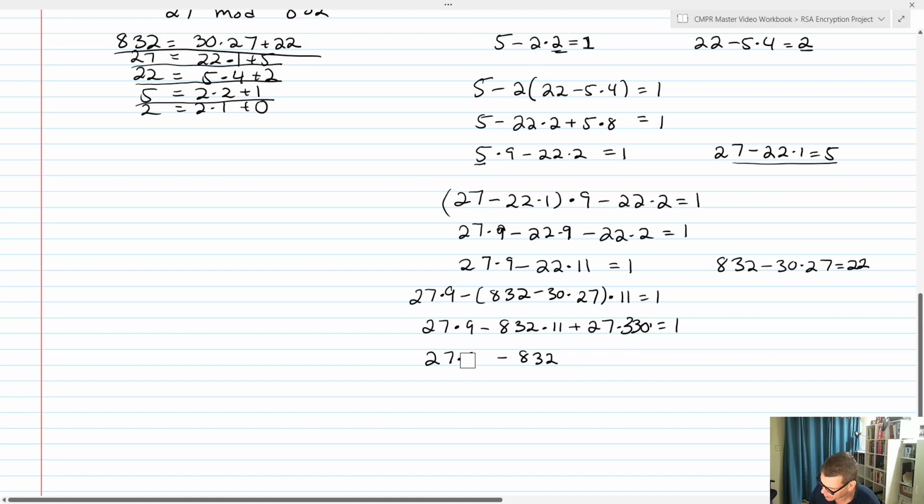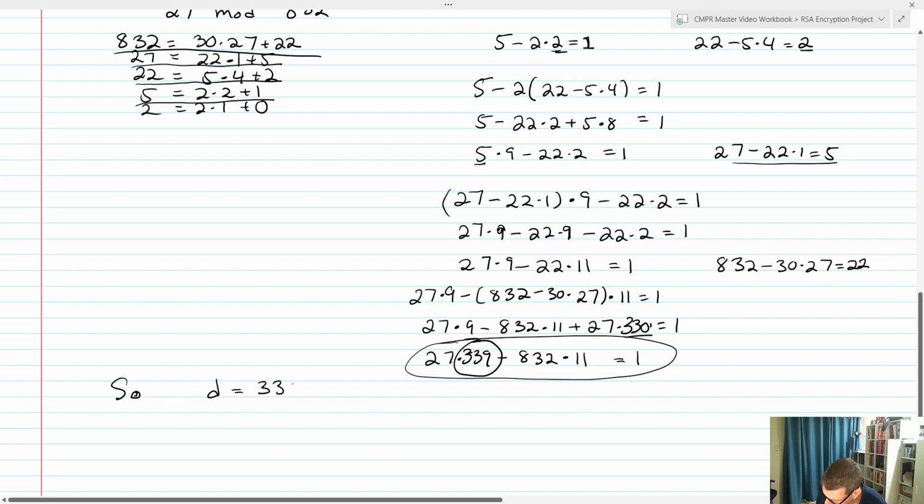So that gives me 27 times 339, right? Adding 330 and 9, minus 832 times 11 is going to equal 1. And now we're actually completed. We've got our linear combination of 27 and 832. Since we're looking for the inverse of 27 mod 832, that inverse here is 339. So the multiplicative inverse, D, equals 339.